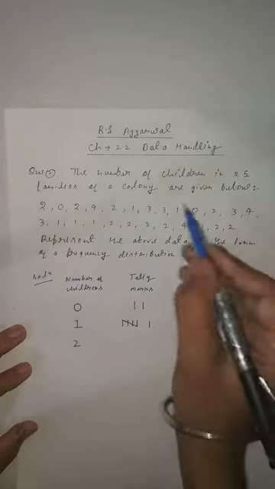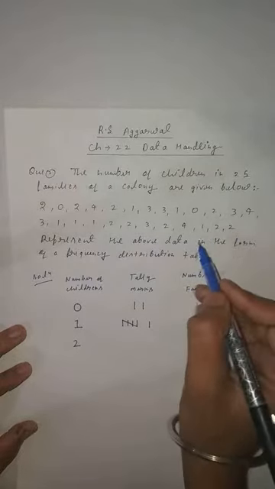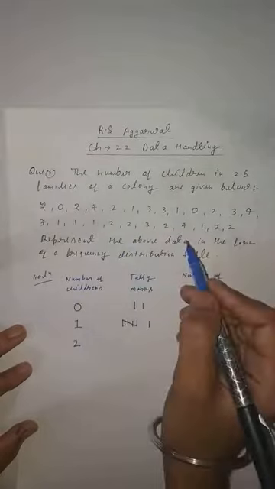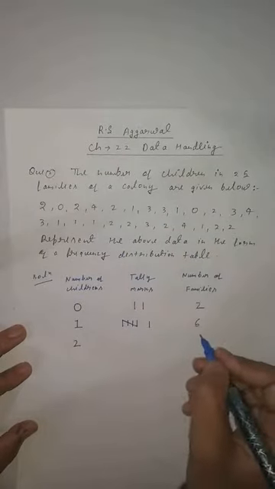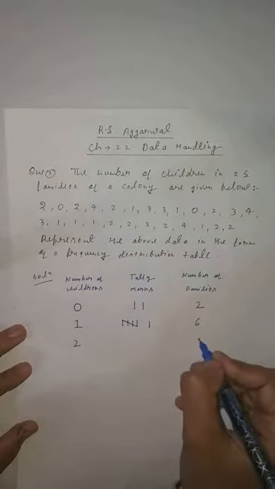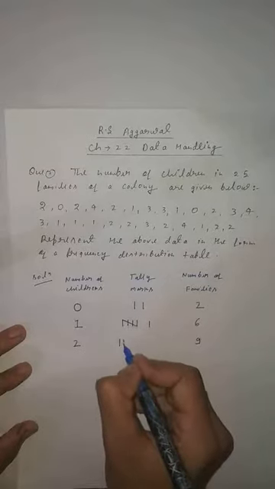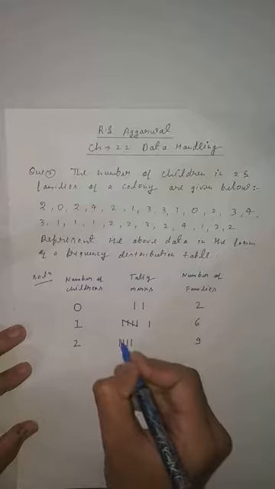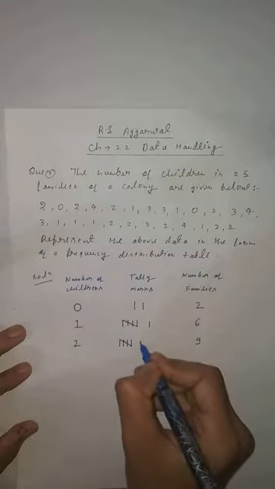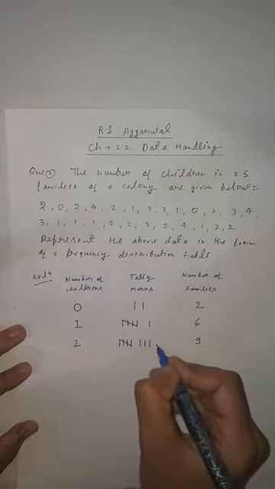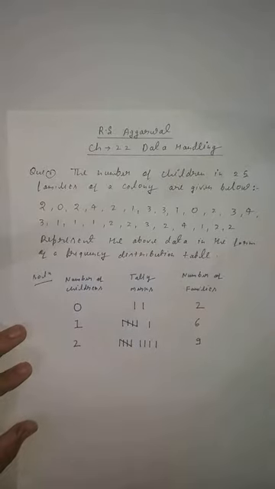So students, be careful in counting, otherwise your question will be wrong. Here 9 families have 2 children. So you write 9: 1, 2, 3, 4, next is 5, 6, 7, 8, and this is 9.